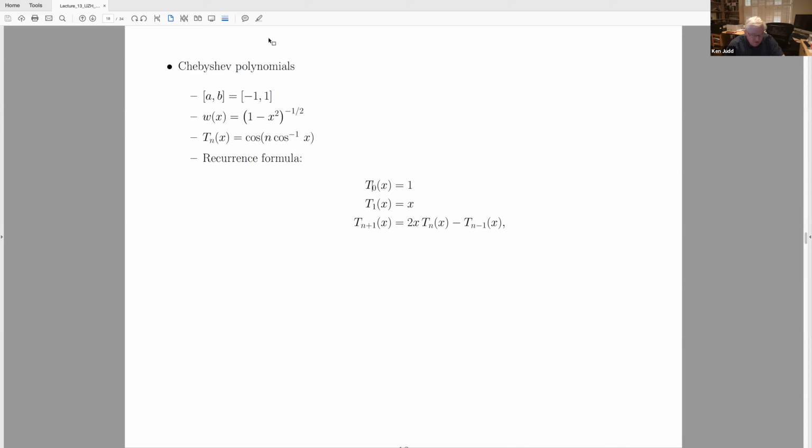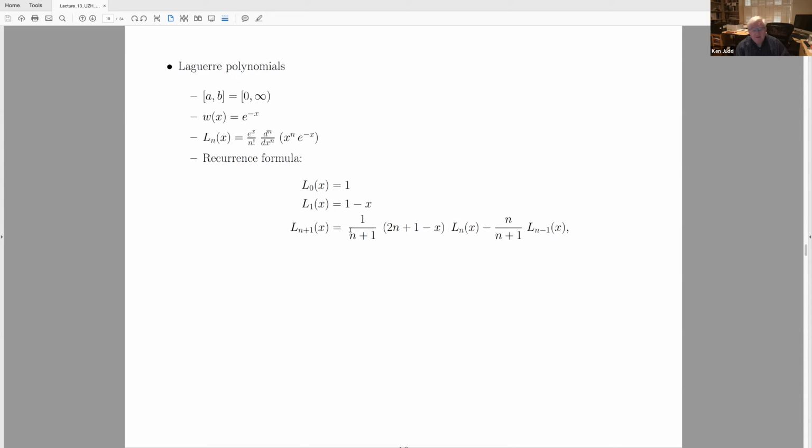Transcribing or translating Russian names into Latin alphabet names is difficult, and so the use of the letter T reflects the fact that I forget which language, I think it's French, spells Chebyshev with a T. But for some reason, I think we also spell Chebyshev now today with a C. So this is not confusing once you know a little history.